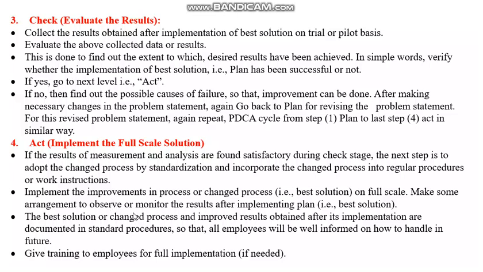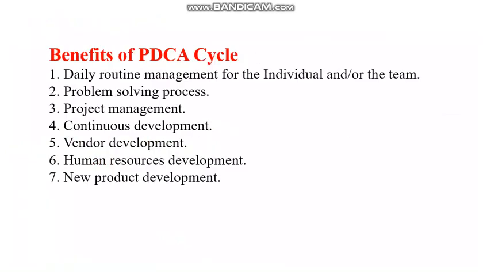Then implement the improvements in the process. The best solution or changed process and the improved results obtained after its implementation are documented. You have to make documents, keep records, and maintain files. You have to develop something called SOP, standard operating procedures, so all employees will be informed on how to handle things in future. Then you give training to employees for full implementation. So this is the PDCA.